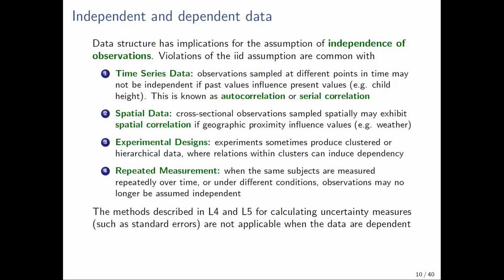Sometimes experiments produce clustered or hierarchical data where relations within clusters can induce dependency. And finally, we have repeated measures data. Longitudinal data falls under this category, where the same subjects are measured repeatedly over time or under different conditions, and we would expect observations on the same subject to be dependent. We wouldn't expect them to be independent.